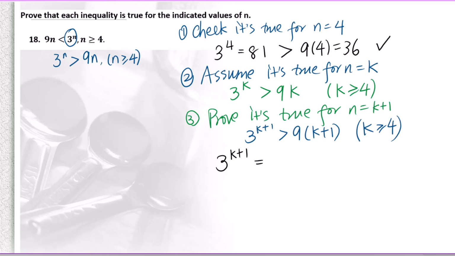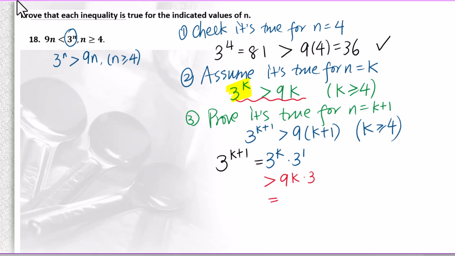We want to create 3 to the kth power so that we can use this assumption. 3 to the kth power times 3 to the first power. Use this assumption. Greater than 9k times 3.